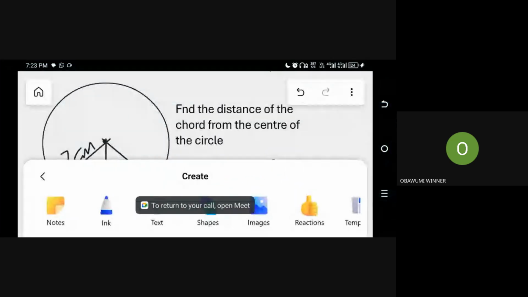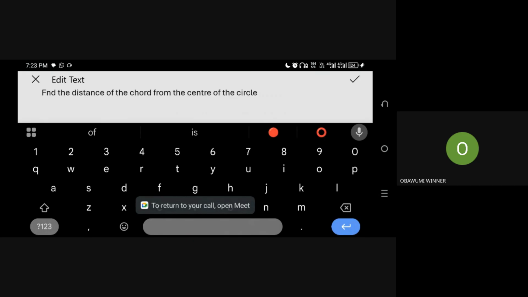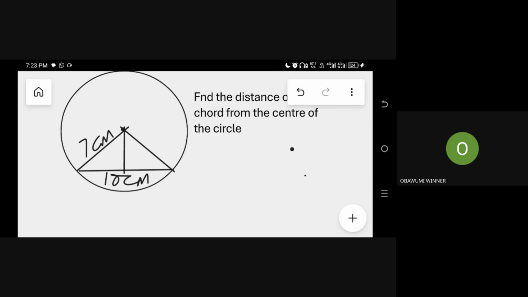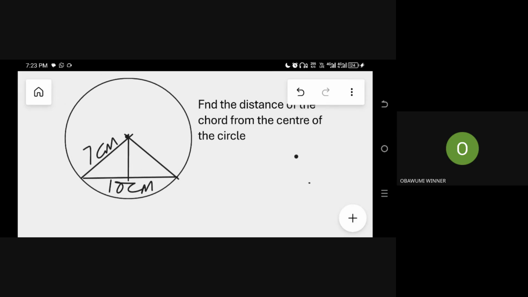Christine, we're looking for the distance of the chord from the center of the circle. Where are we looking for here? In this diagram, what line are we looking for? The length of what line are we looking for?